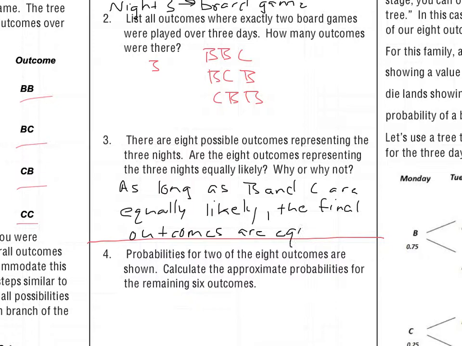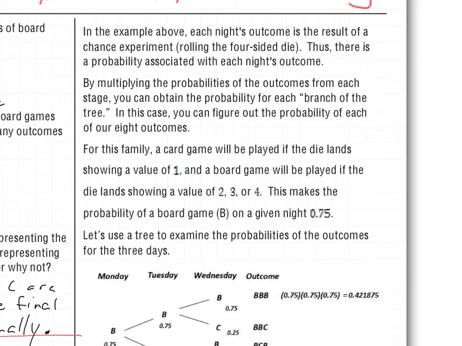All right, so that is the one thing that we've learned. As long as all outcomes in each individual event are equally likely, then each final outcome will be equally likely. So coming over here, we're going to move over to those last 3 questions, which are associated with this bottom part.